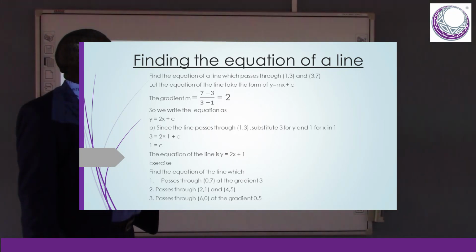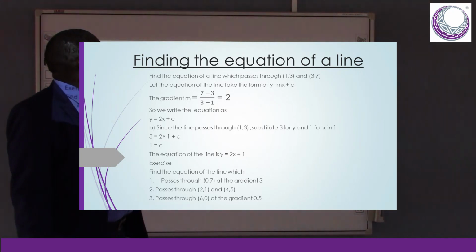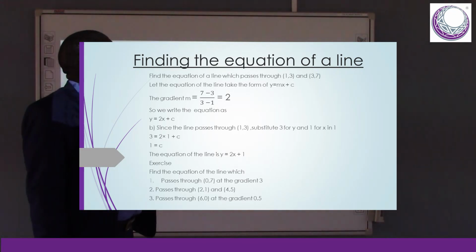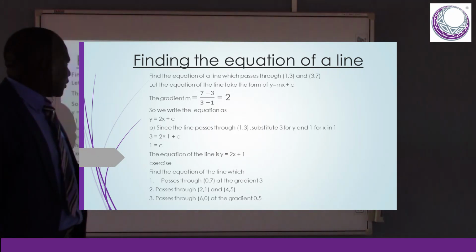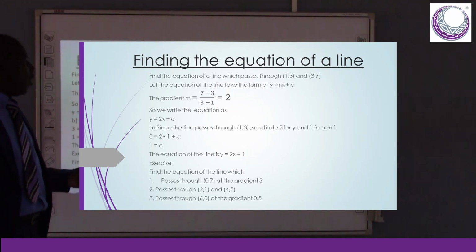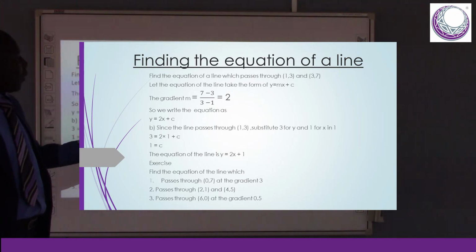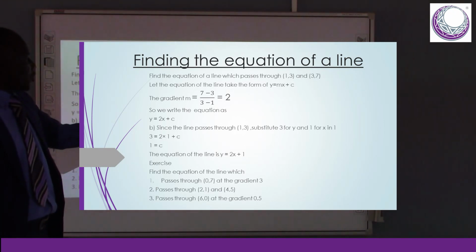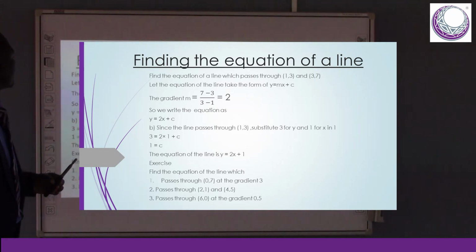So 7 is my y2 minus 3, to be divided by 3 minus 1. So 7 minus 3 gives me 4, and then 3 minus 1 gives me 2. 4 divided by 2 gives me 2. So the gradient of this particular line is therefore 2.